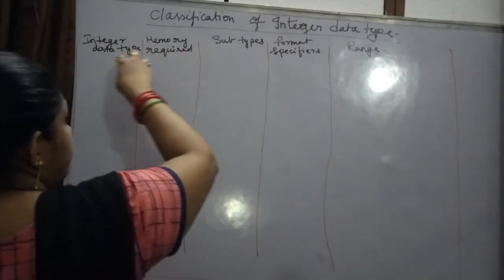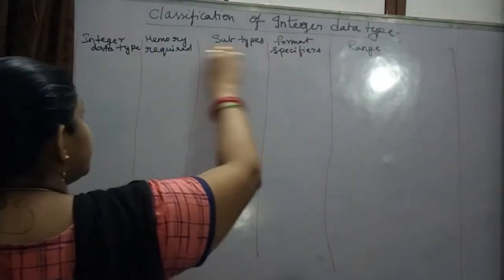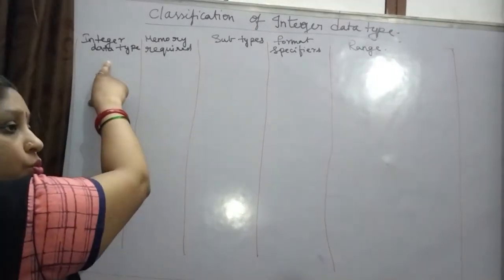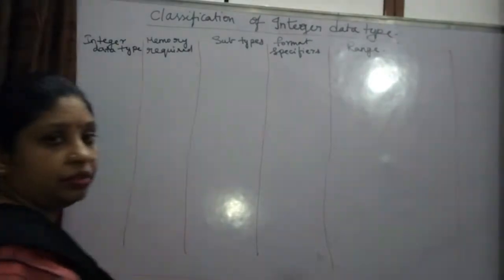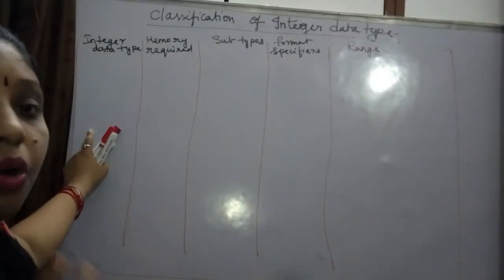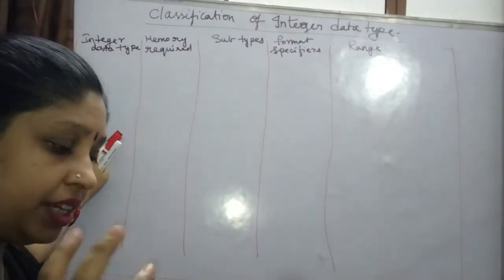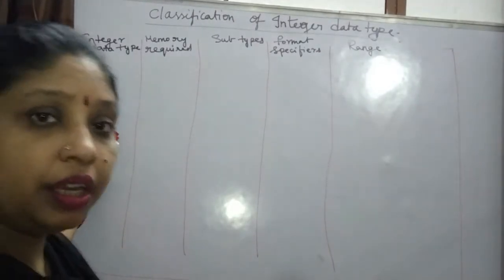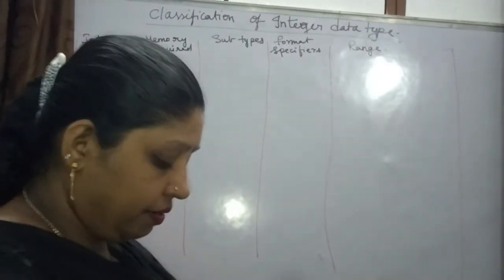Then how many subtypes there are, which format specifier you are using, and what is the range of this particular data type. That means up to how much value it's going to take, whether positive or negative. Okay, now I will start.